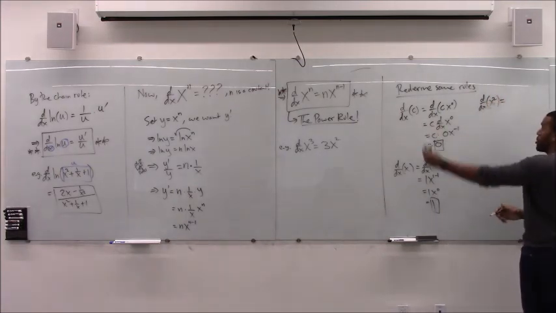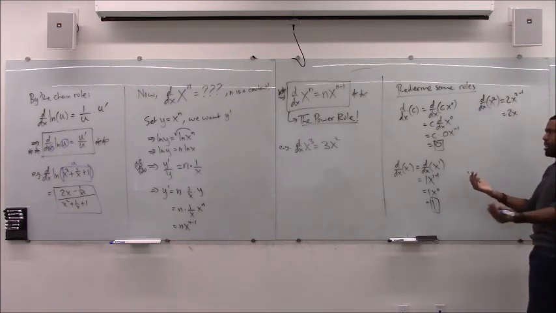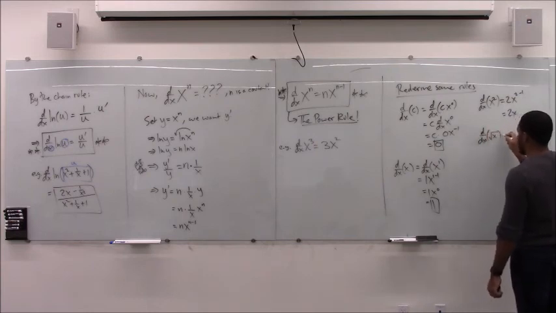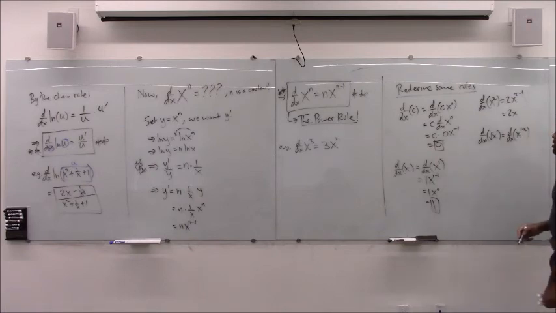Well, applying the power rule, you take the 2, you move it down in front, you subtract 1 from the power. So that's 2x, exactly what we had before. What is the derivative of the square root of x? Well, I could actually think of the square root of x as x to the 1/2. Bring the half down in front, subtract 1 from the power.